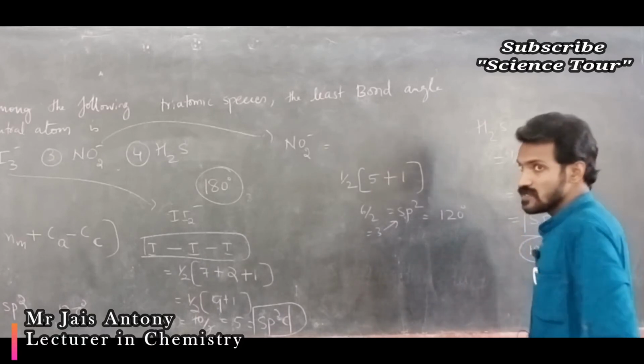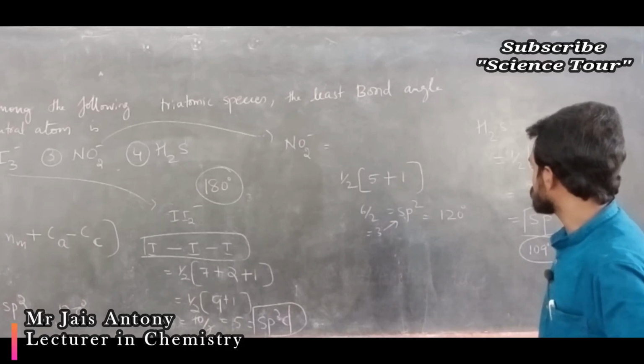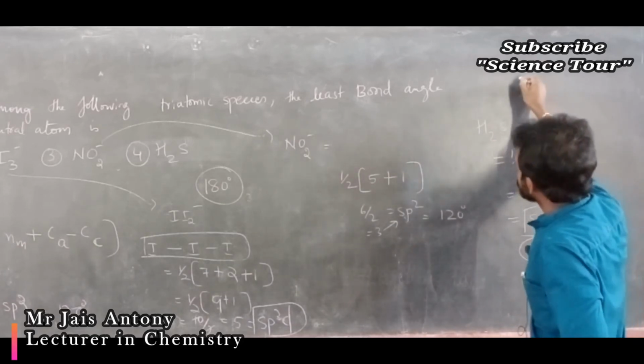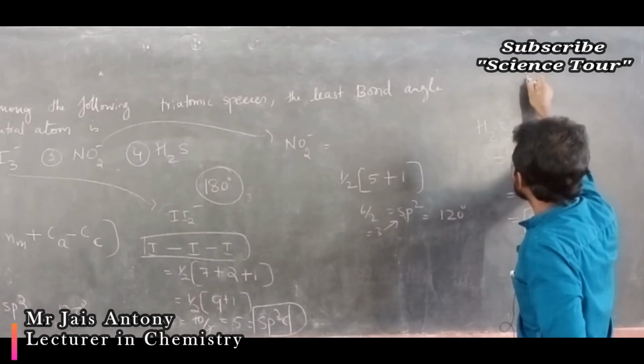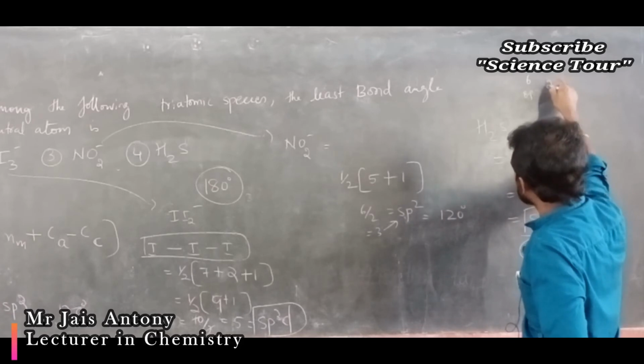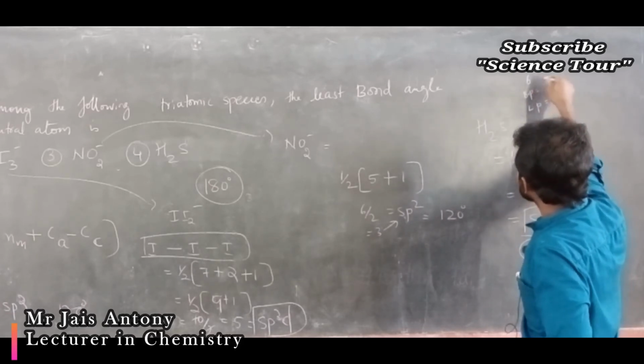But here this is one special case. Why it is a special case, I will tell you, my dear students. Sulfur has 6 electrons. So how many bond pairs does it form? 2 bond pairs it forms. Remaining lone pairs, how many? 6 minus 2 is 4.